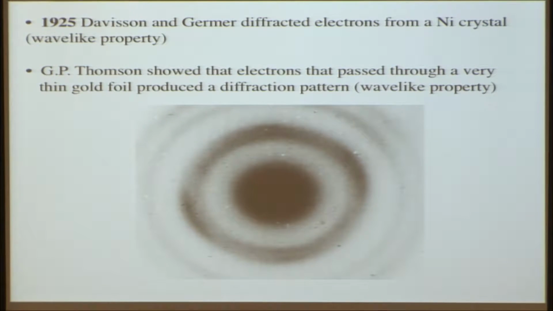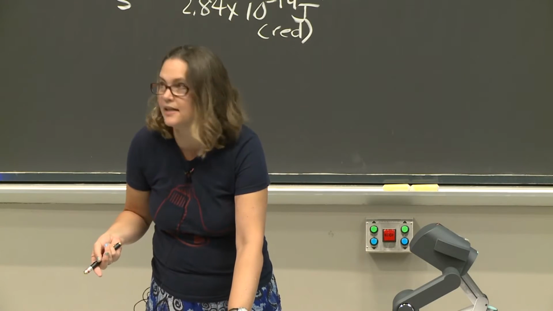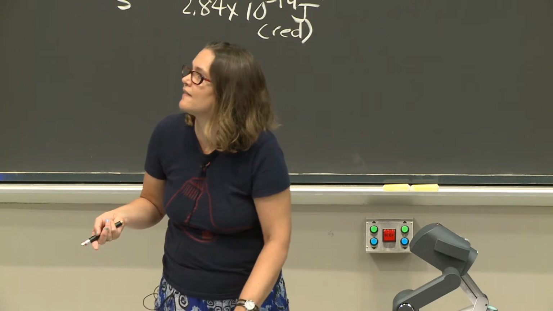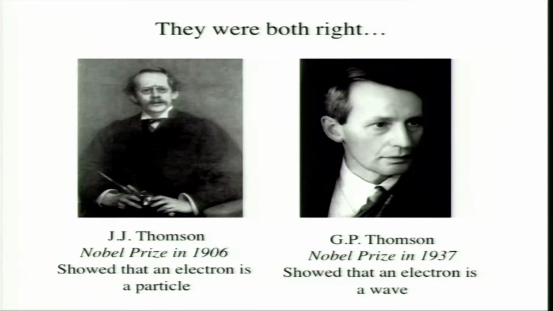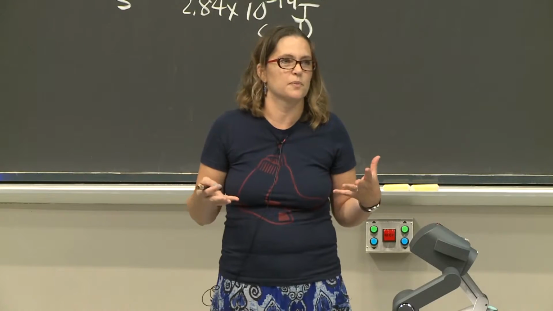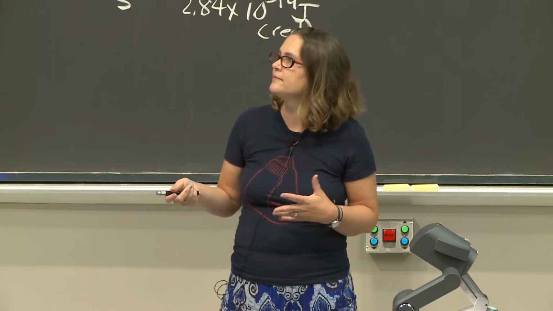So you might think, Thomson, that sounds a little familiar. Didn't she just talk about that last week? And yes, there are 2 important Thomsons in this story, and this is a father and son team. J.J. Thomson won a Nobel Prize in 1906 for showing that an electron is a particle. He discovered the electron.